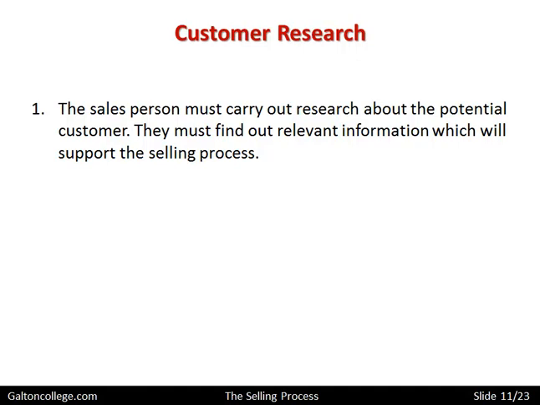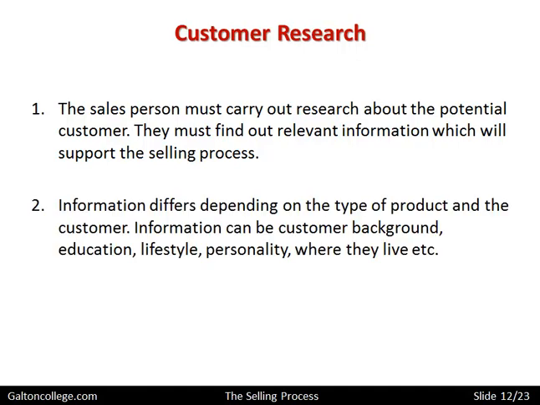So the customer research part is trying to find out exactly what the customer's needs are and also what the background of the customers is likely to be. Information differs depending on the type of product and customer. Information can be customer background, education, lifestyle, personality, where they live. So it's trying to pick up background information which will help the salesperson in dealing with the customer.